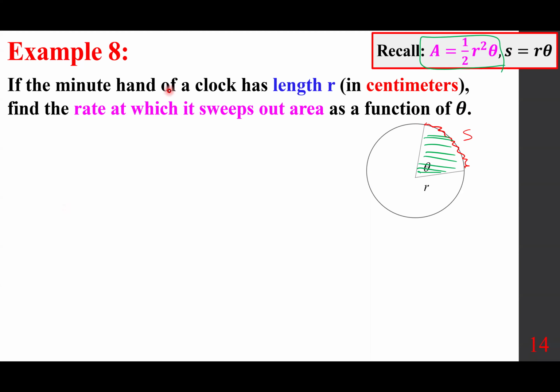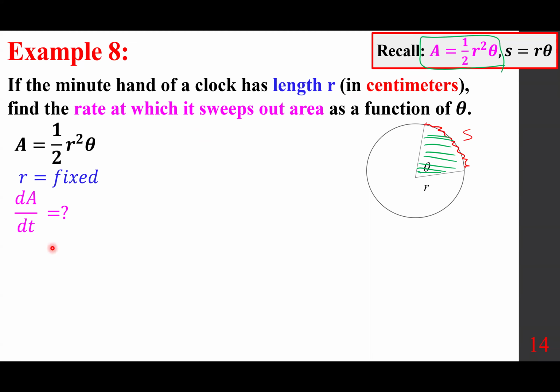So reading the question again, if the minute hand of a clock has some length, it's fixed at r centimeters, find the rate at which it sweeps out area as a function of theta. So A equals 1/2 r squared theta. R is fixed, and we want dA dt. It's important to understand R is not changing.